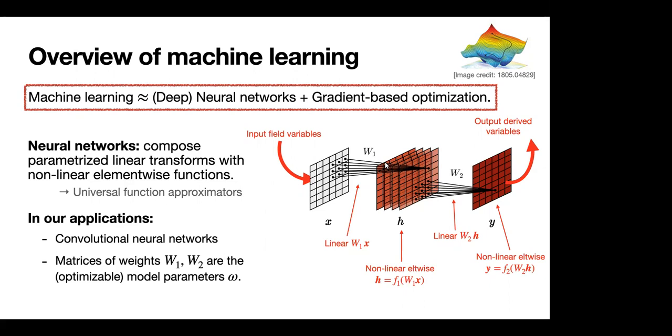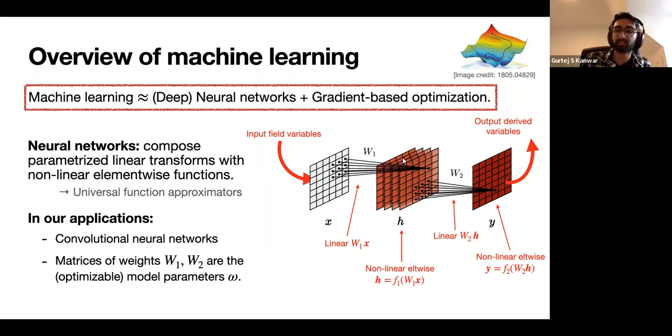And the gradient based, what does it mean? Gradient based here means, for a given set of weights, this defines some map from input to output. And this map may reproduce what I want it to, or it may not. So to understand how well that map reproduces a function I'm interested in, one usually defines a loss function.